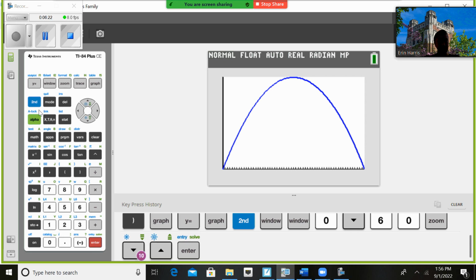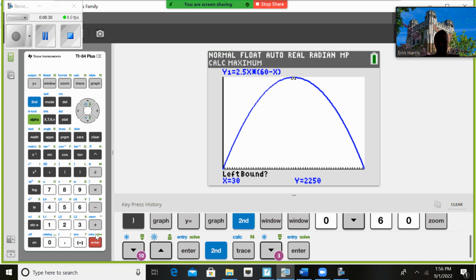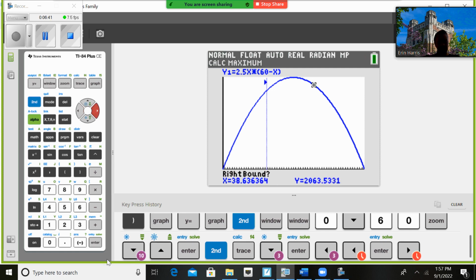So here I would go to second calculate, find the maximum. I want to be to the left of it, so make sure I'm to the left. Make sure I'm to the right. Hit enter. And then I have to interpret.